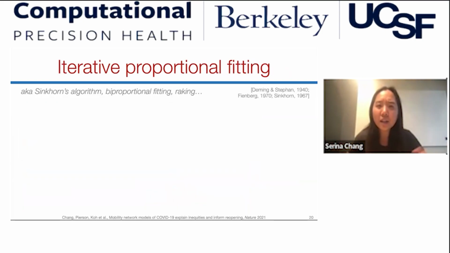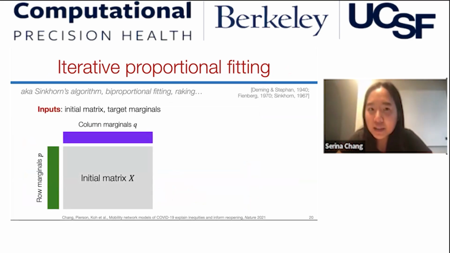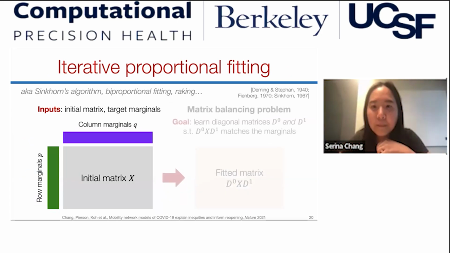So to take a step back, iterative proportional fitting, or IPF, is this classic statistical algorithm. You might know it by other names like Sinkhorn's algorithm, biproportional fitting, and so on. The way that it works is first it takes in an initial matrix X, and then you have target marginals P and Q. So the row marginals P, that's what you want your rows to sum up to, and then column marginals Q, that's what you want your columns to sum up to.